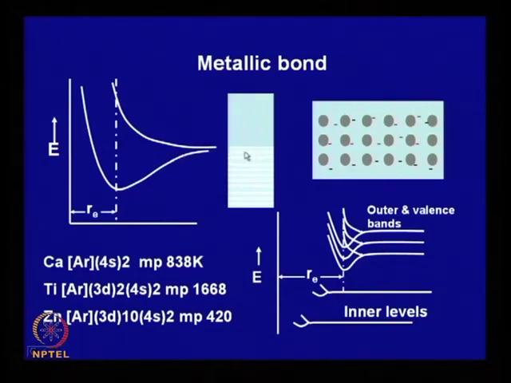As you bring these atoms closer, what happens? 2 kinds of forces interact. One is the attractive force, and this goes like this. Another is, when you try to press these two together further, there is a repulsive force also.